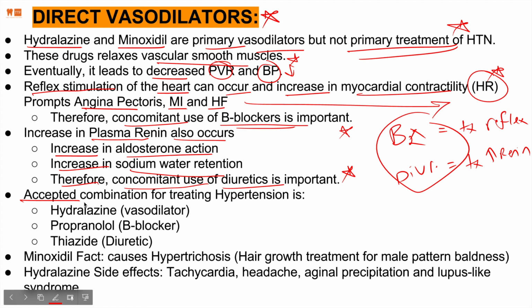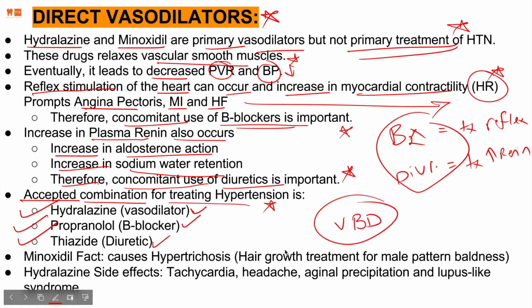So accepted combination treatment of hypertension is hydralazine, which is a vasodilator, propranolol, which is a beta blocker, and thiazide, which is a diuretic. Right? So V, B, D must be used together if you're choosing to use direct vasodilators.